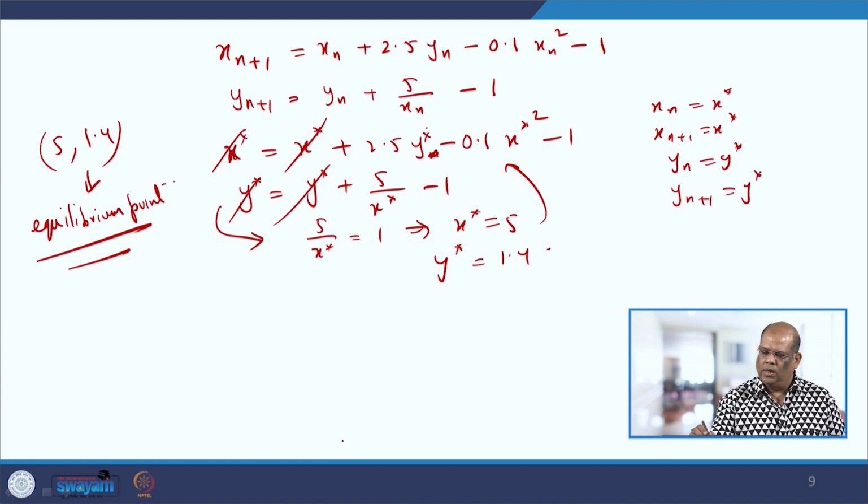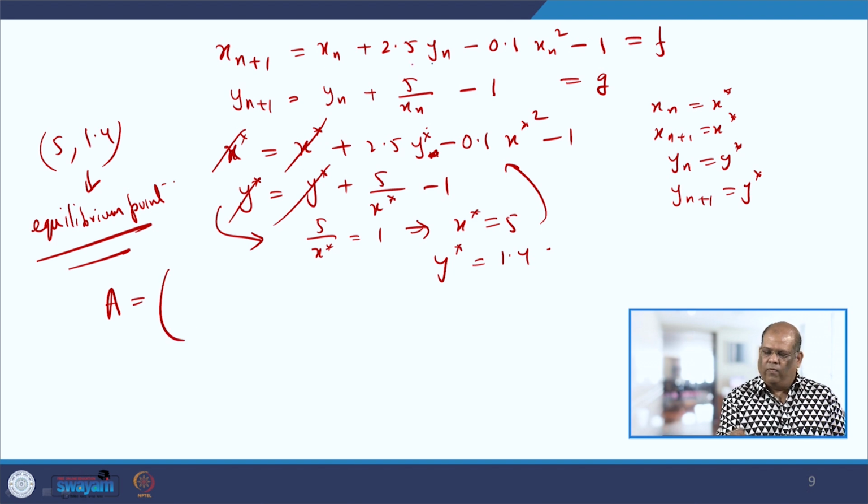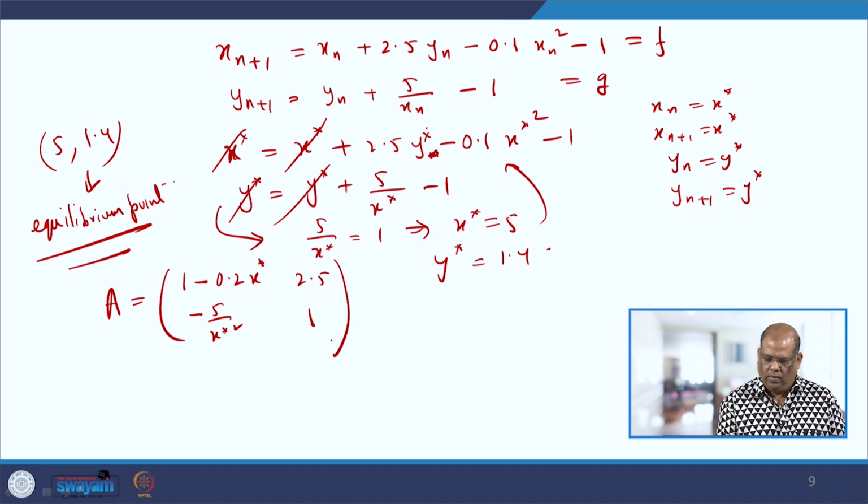So, what you do is state this as F and this as your G. Your matrix A is going to be, you differentiate this with respect to x and you get 1 minus 0.2 x star; with respect to y, this is 2.5; then g with respect to x is minus 5 by x star square, and with respect to y, this is 1.